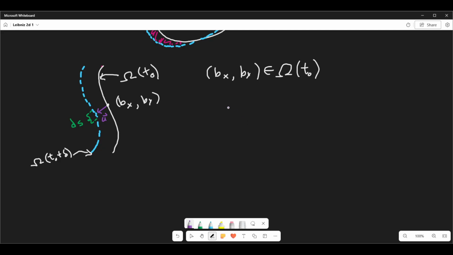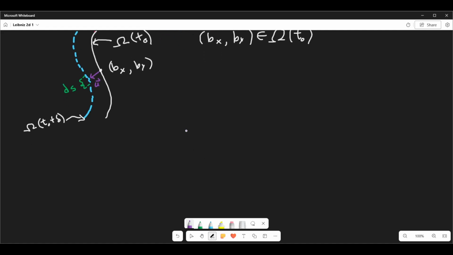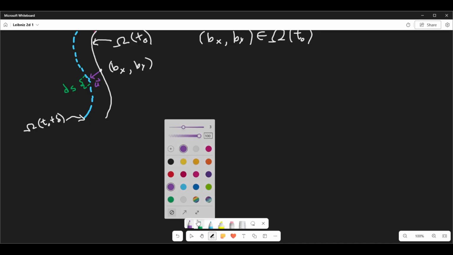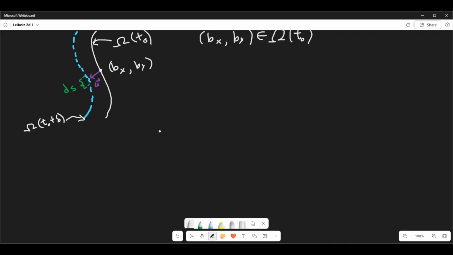So what was just shown is that the delta, which is the distance across here, which I actually do need to draw one more time because it's getting too crowded. So I'm going to draw this again, the same figure.